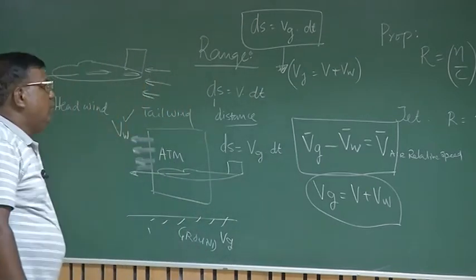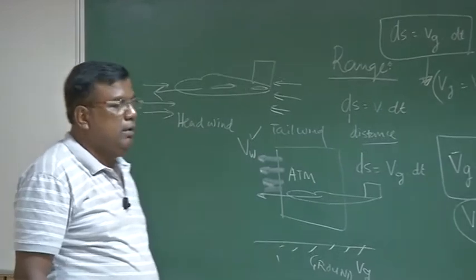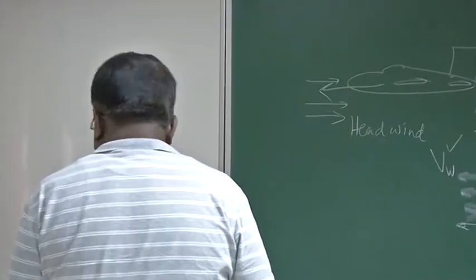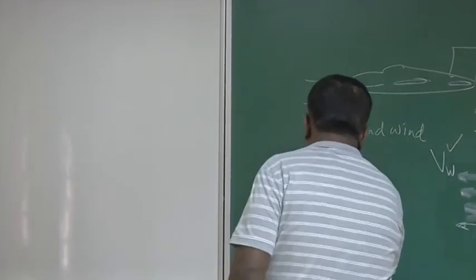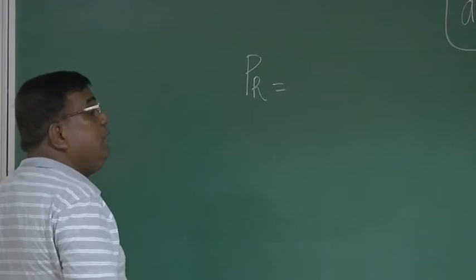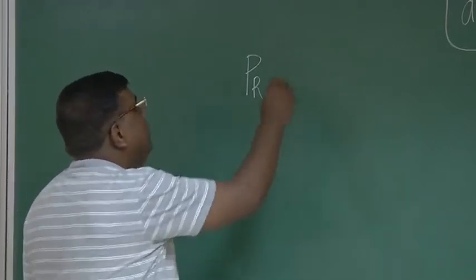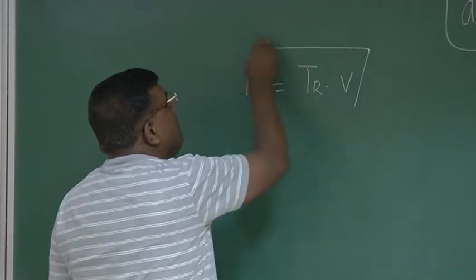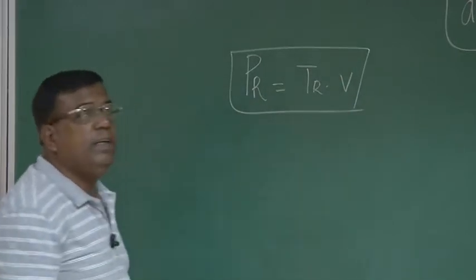Now, we go back to our formulation of power required. Let's see where we have to modify it if there is atmospheric wind. How did we calculate power required? We said power required is nothing but thrust required into V. Which V?